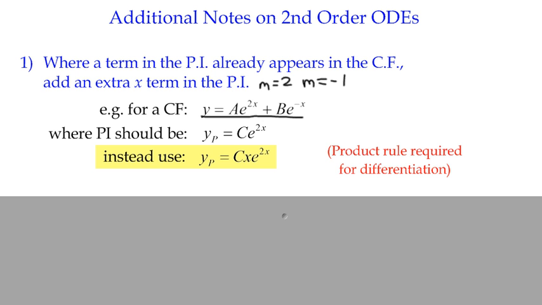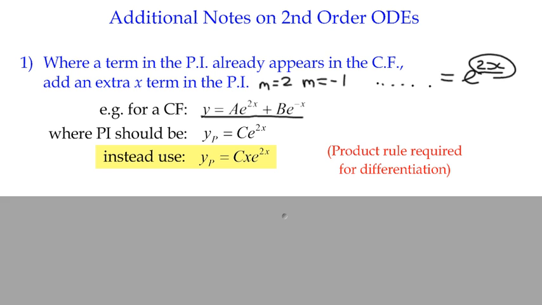Now, say that whatever the differential equation was, I had an exponential that also had the power 2x. Then what I would be required to do in my particular integral would be to keep that 2x as a power of the exponent and add a constant term.